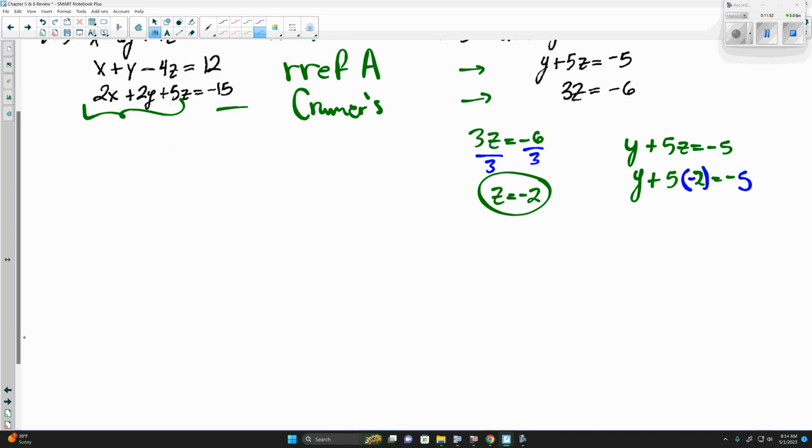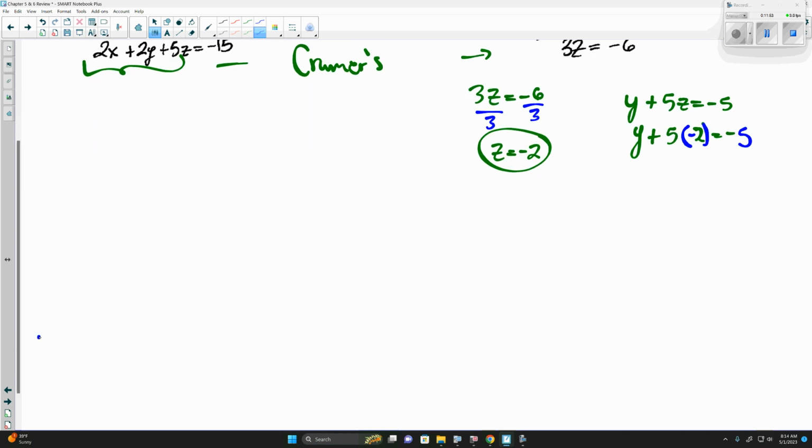Now I'm going to go to the second equation that has y and z and plug z in for it. 5 times -2 is -10. At this point here, we can add 10 to both sides, telling us y is 5.